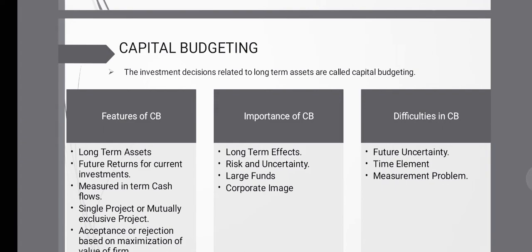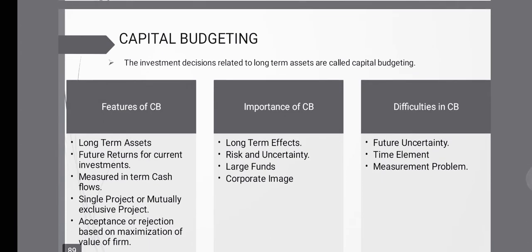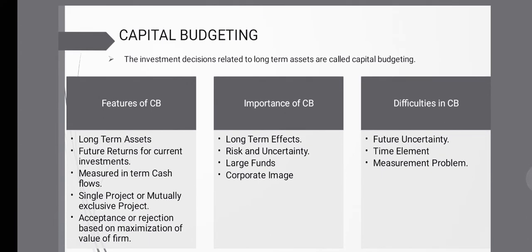That is the main idea behind capital budgeting, where we have various techniques to decide in which project we have to invest and which project we don't have to invest, which project we have to select and which we don't have to select. What are the features of capital budgeting? It is always related to long-term assets.